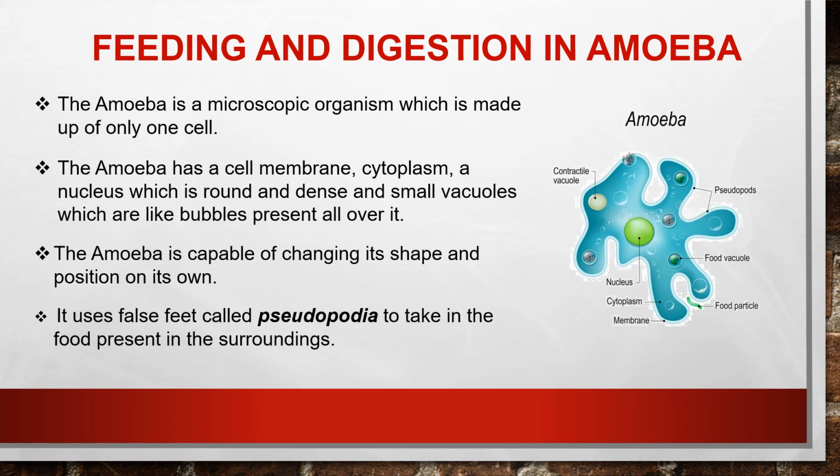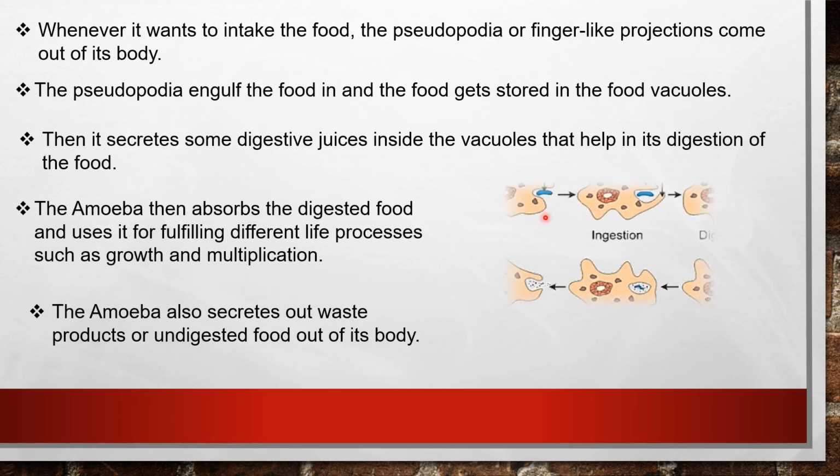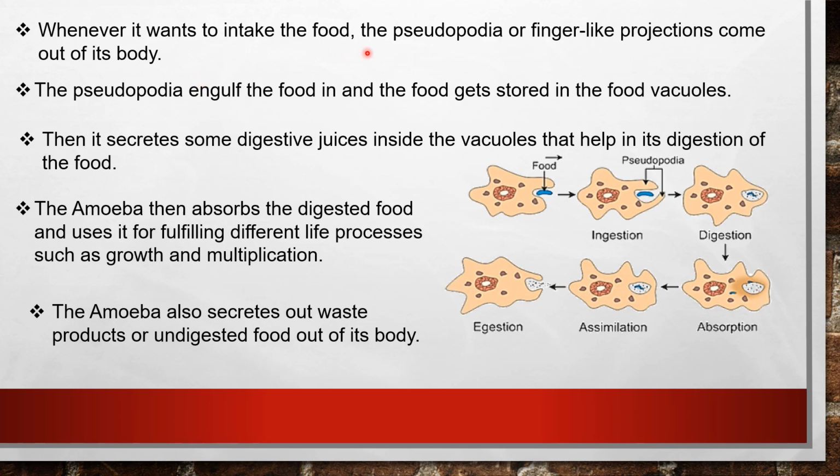Okay. Now we see more about how an amoeba can feed and digest. Whenever an amoeba wants to take in food, the pseudopodia or finger-like projections come out of its body.